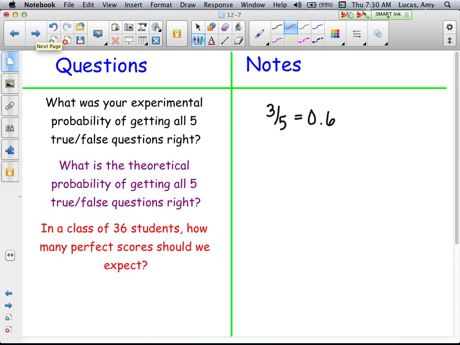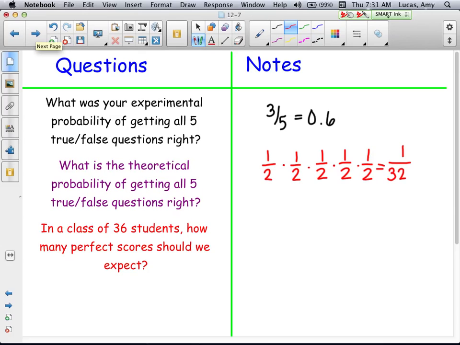The theoretical probability of getting all 5 questions right, well, your chances of getting the first question right are 1 out of 2. Same with the second, same with the third, same with the fourth, same with the fifth. So, if I multiply these fractions, 1 times 1 times 1 times 1 times 1 is 1, 2 times 2 is 4, times 2 is 8, times 2 is 16, times 2 is 32.